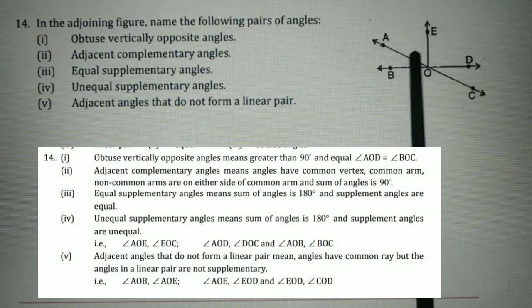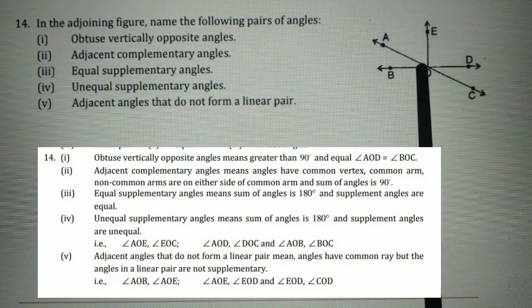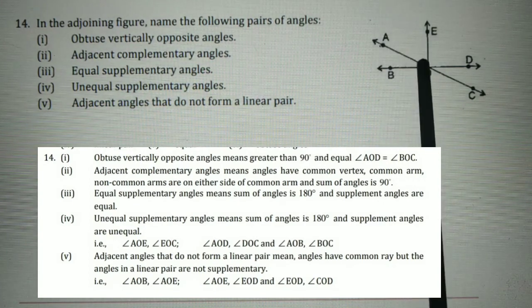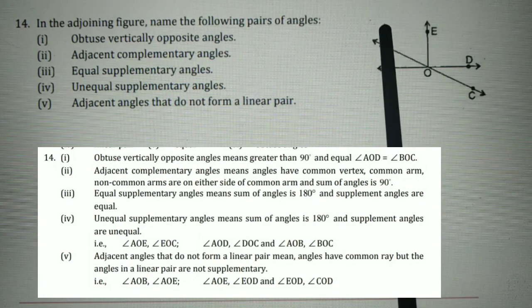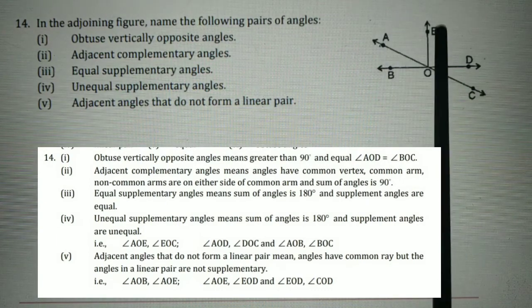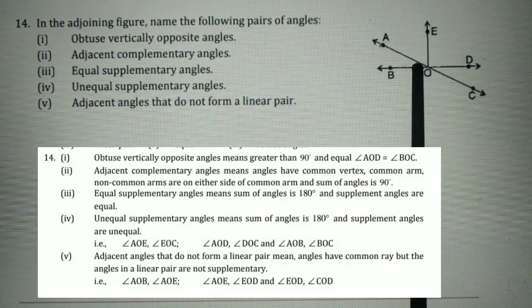In between there is a common arm, that is OA is common to BOA and AOE. So students, adjacent as well as complementary angles are BOA and AOE. These two angles make a total of 90 degree and they are adjacent as well.